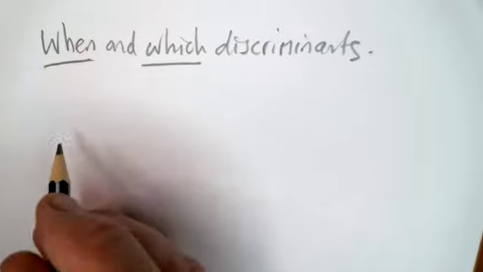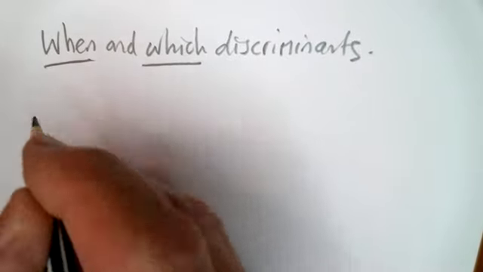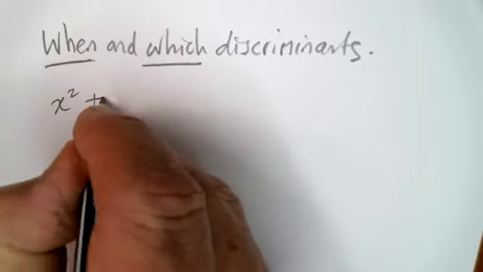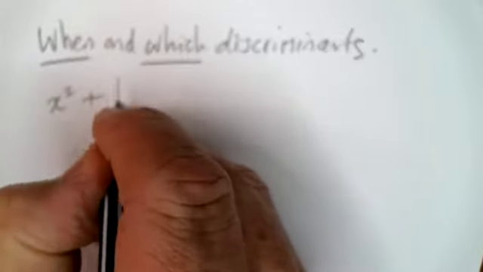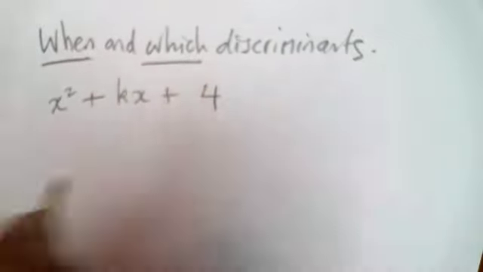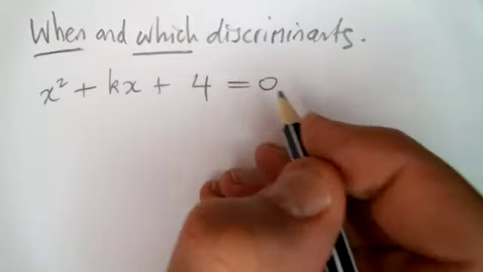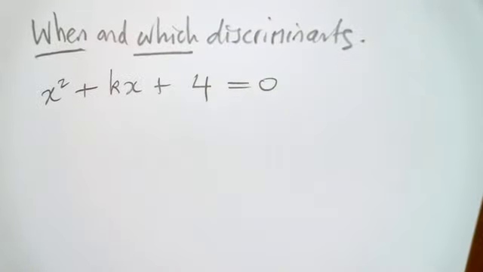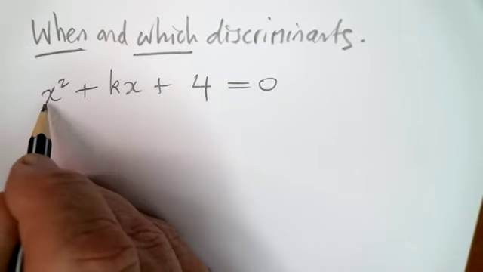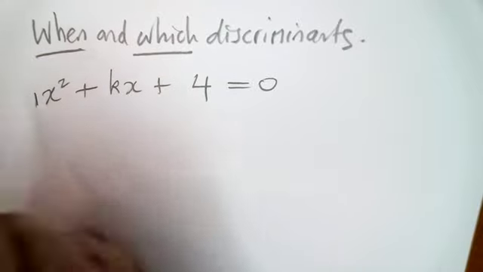So let's choose a really easy example. I've got x squared plus something x plus 4. So here's my quadratic, and let's say it equals 0. We've got a coefficient of x to the 2, which is going to be a 1.